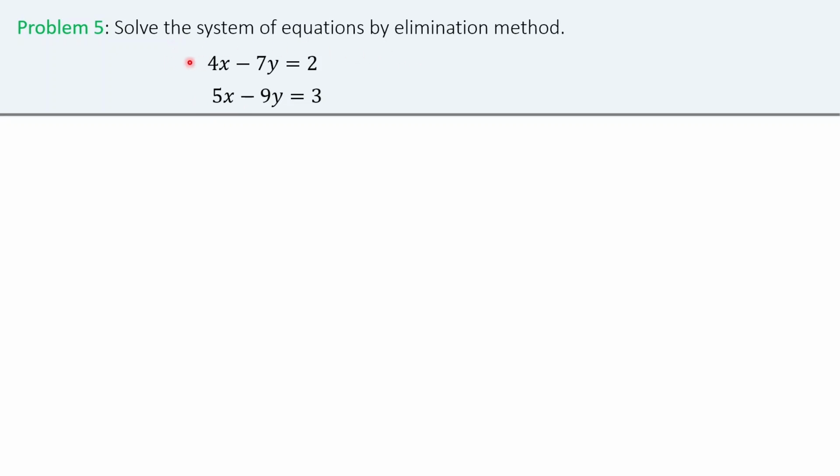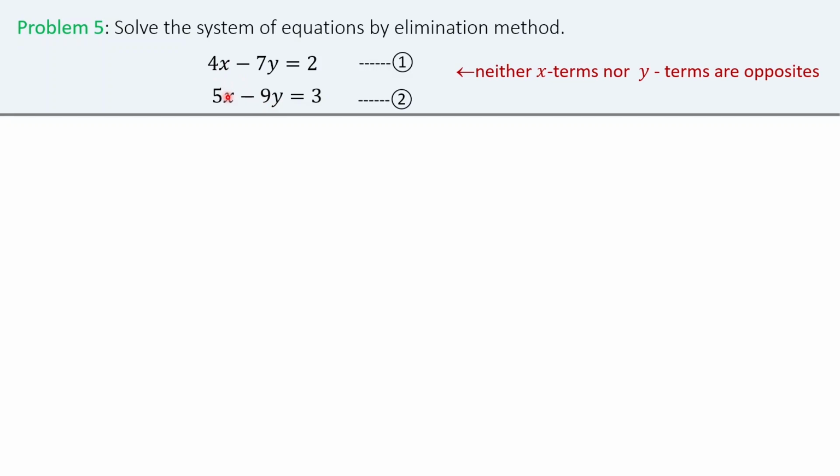This is the last problem, and this system is different from the previous systems. In this system you have 4x and 5x. These are not opposites. Negative 7y, negative 9y are also not opposites.